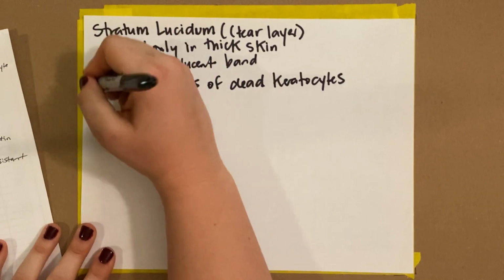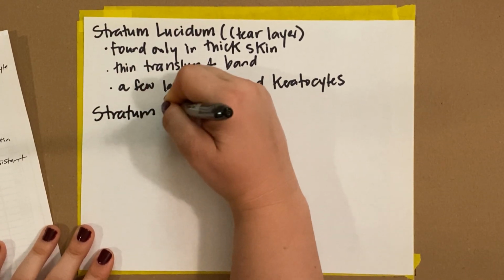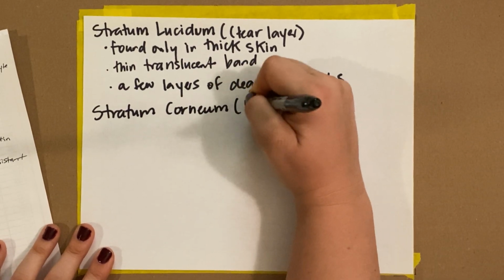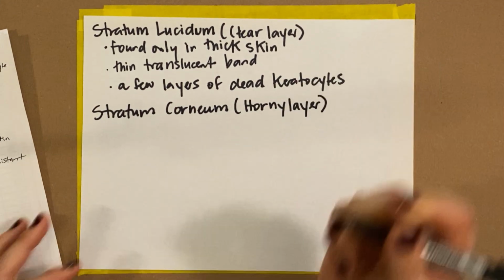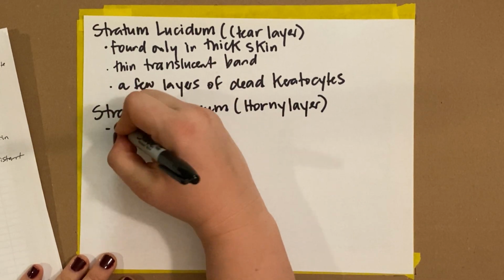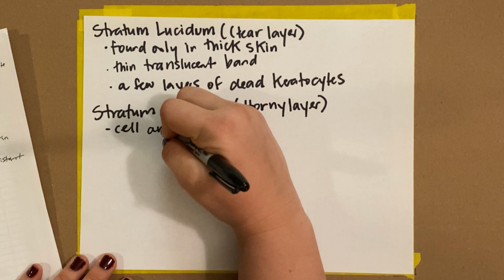Okay, so this last layer is going to be called the stratum corneum, and it is called the horny layer. Okay, it has cells that have no nucleus, so cells anucleated.